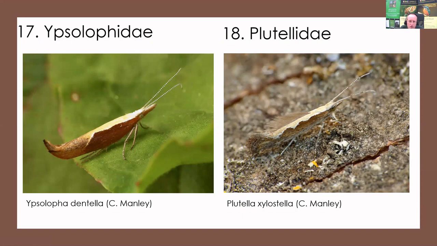Very, very similar, and indeed historically this species dentella used to be called xylostella back in the really old days. So even looking at Linnaeus's classification, there was some confusion as to which species he was referring to, and in fact it's been reassigned to this one from this one.